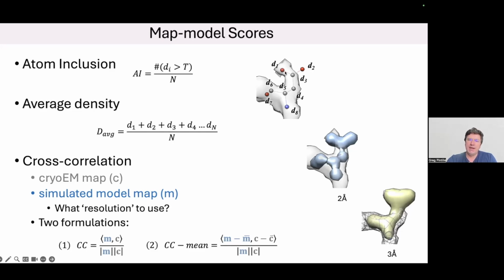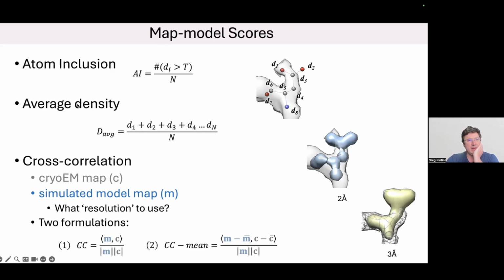If you have many atoms that are inside that contour, you get a good score. If there are many that are outside, you get a lower score. The limitation is that it does depend highly on that contour level. So you could specify a very low contour level and include more atoms. So it's been taken a bit cautiously in the past.